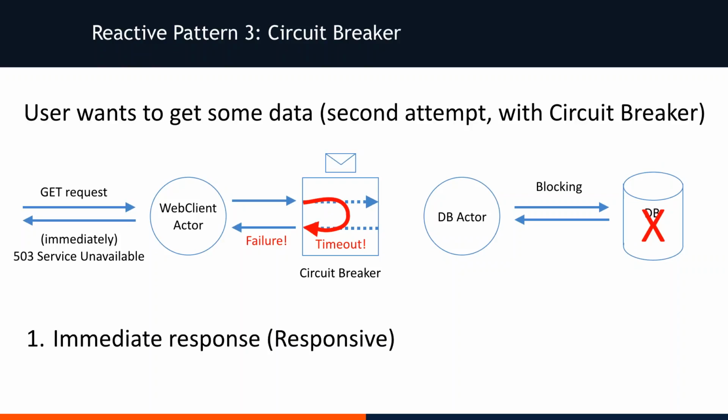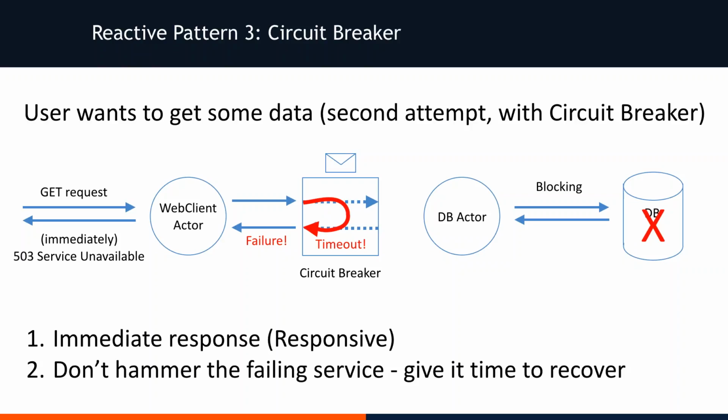So yes, the benefits of this pattern are that you get an immediate response, towards the responsive principle, but also that you don't hammer the failing service with requests. You just give it time to recover. You've protected this failing service from being hammered with requests that will most likely fail.